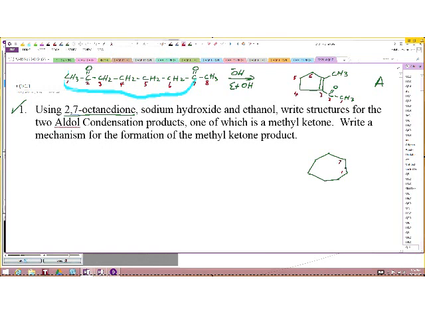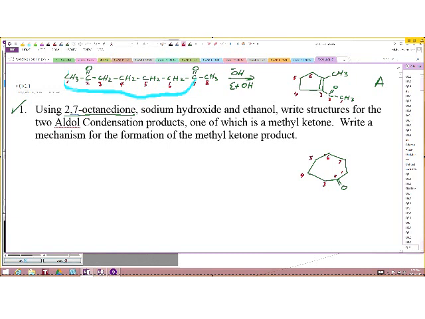We are joining 1 and 7. And if that is the case, our carbonyl will be here, which is carbon number 2. So that is 1, 2, and this is 3, this is 4, this will be 5, and this is 6.